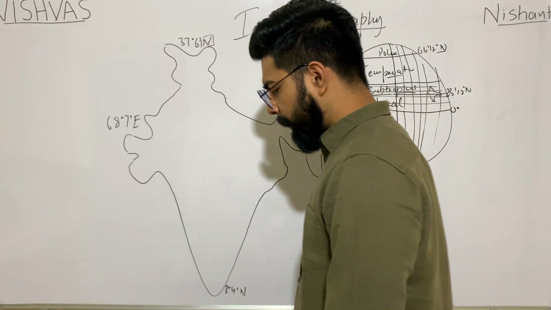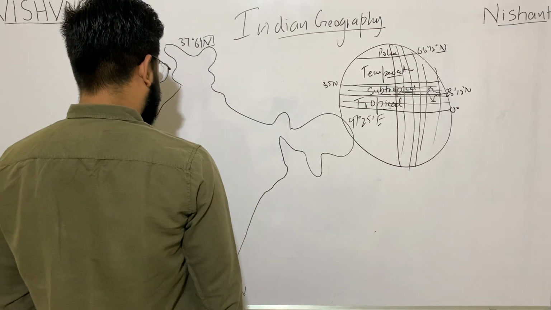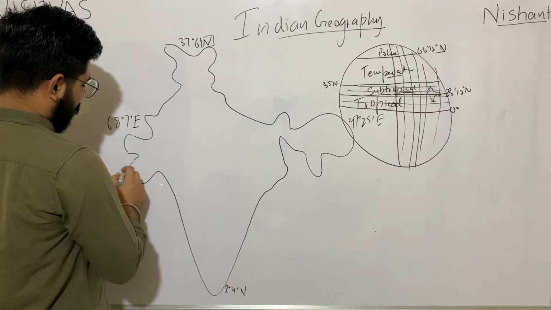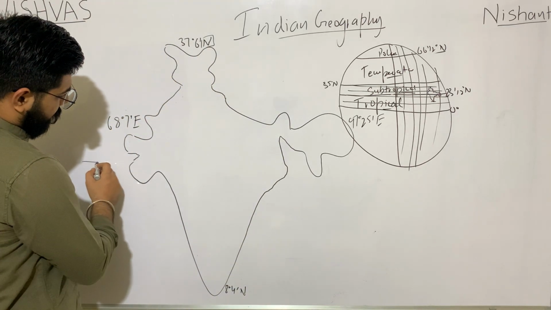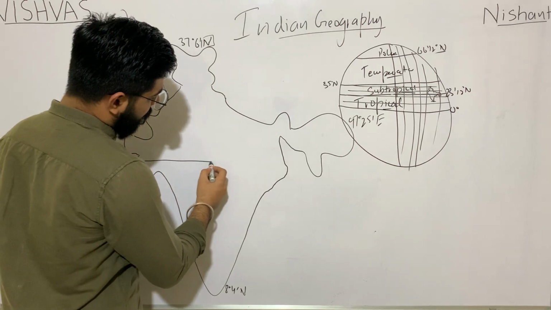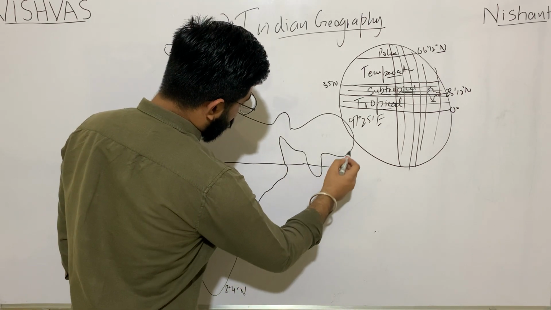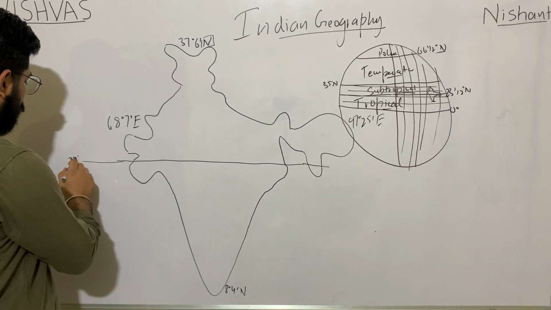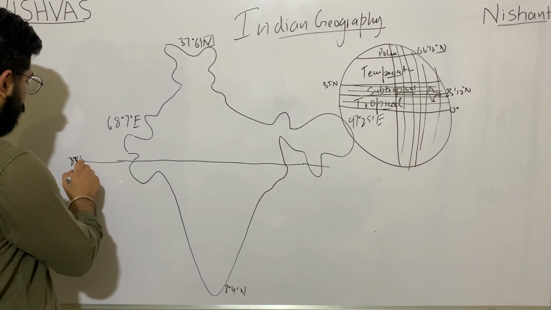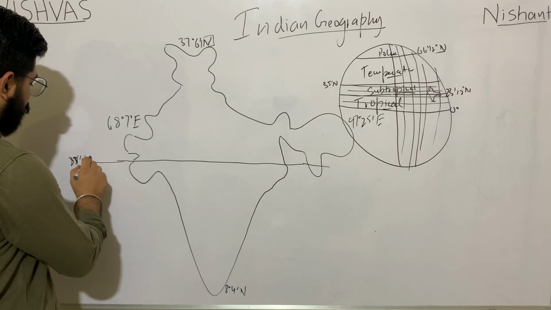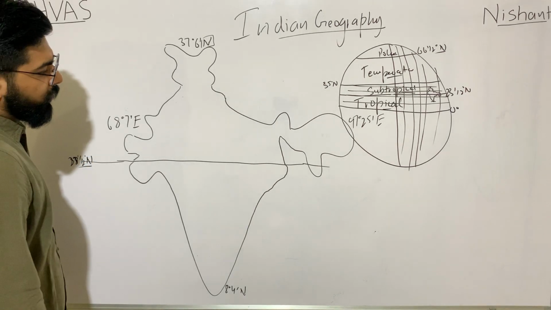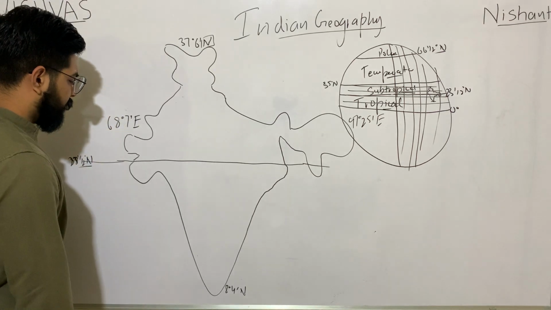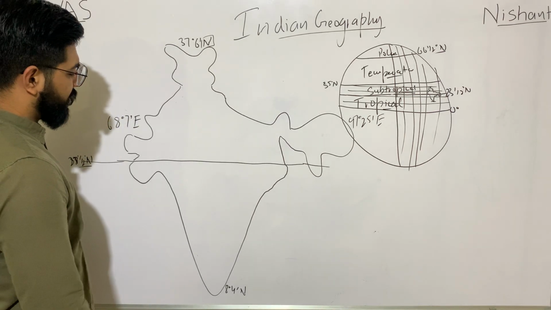Also, one latitude that passes through India is the Tropic of Cancer, 23.5 degree north. Through which states does it pass?